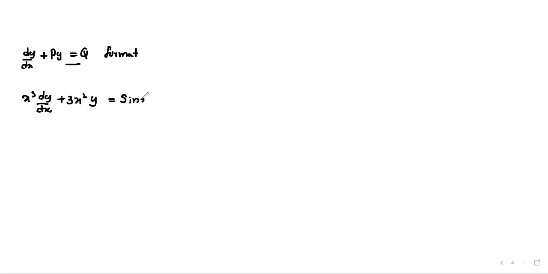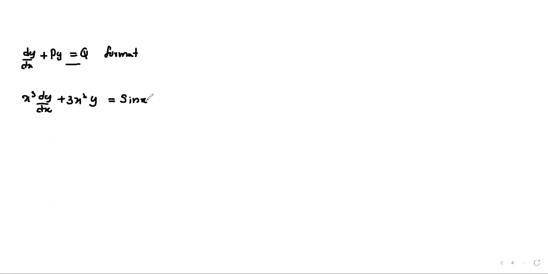Right. The next topic is the dy by dx plus py equals q format. That means you have to solve this differential equation: x cubed dy by dx plus 3x squared y equals sin x.